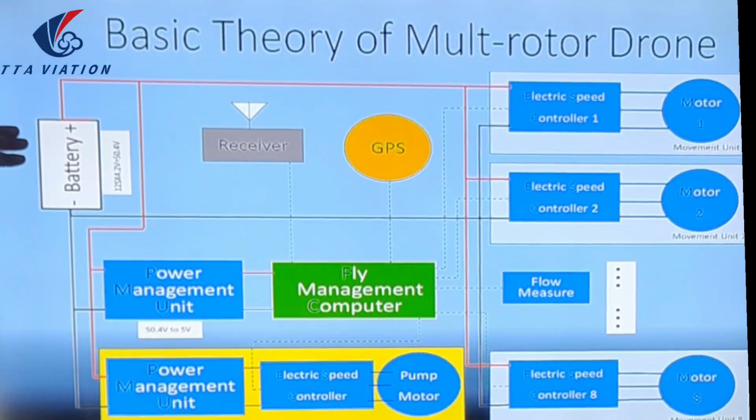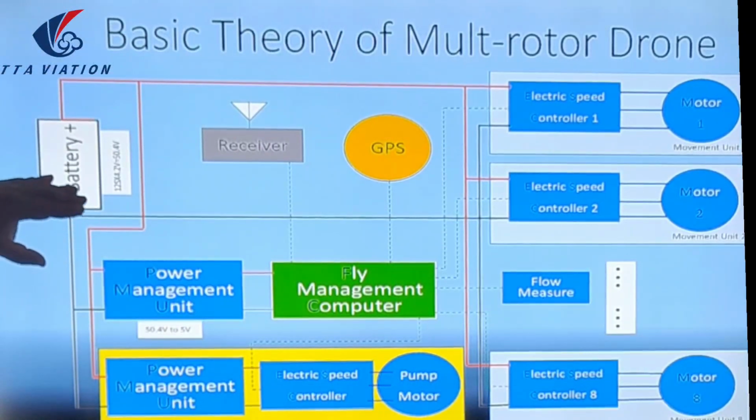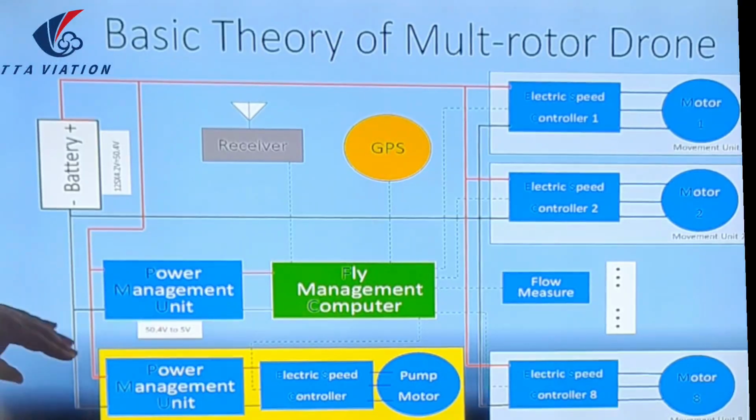When we charge a battery, we store the energy into the battery, and when this system works, the battery supplies energy to the propellers, to all the devices, including the flight management computer and other devices on the drone.